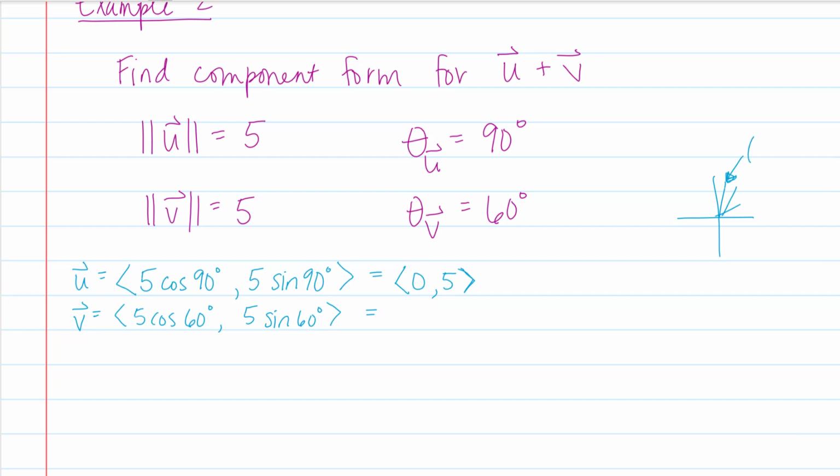You can still use your little hand trick. That means you're going to have your index finger down, so you're going to have 1/2 and root 3 over 2. So we're going to have 5 times 1/2 and 5 times the square root of 3 over 2. I'm just going to write 5 over 2 and 5 root 3 over 2.